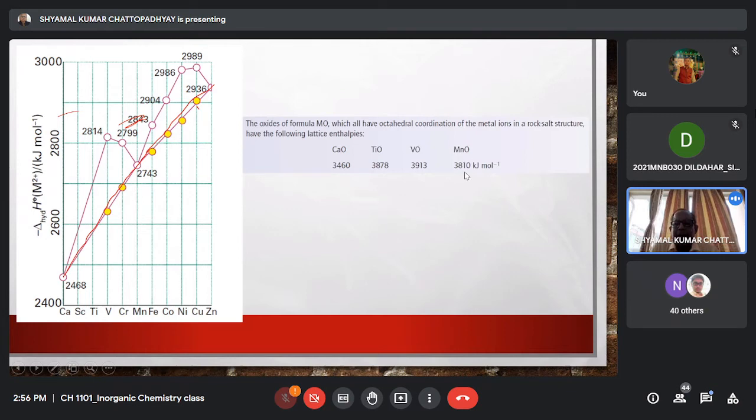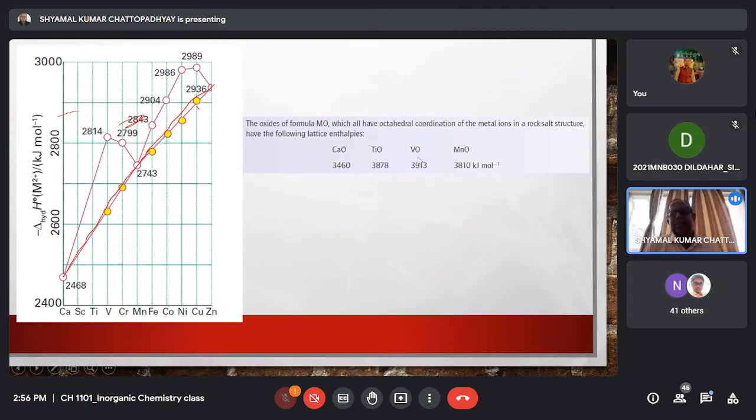In fact, for manganese oxide, as you can see, in spite of it having much lower size than titanium, the lattice energy is actually almost comparable to that of the D2 ion, titanium. Again, the reason is that for calcium D0, there is no CFSE. Here there is CFSE.